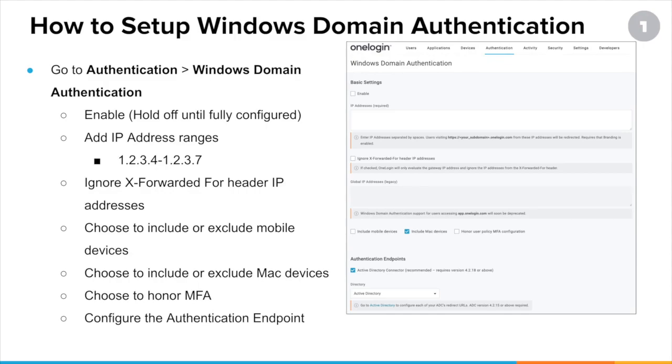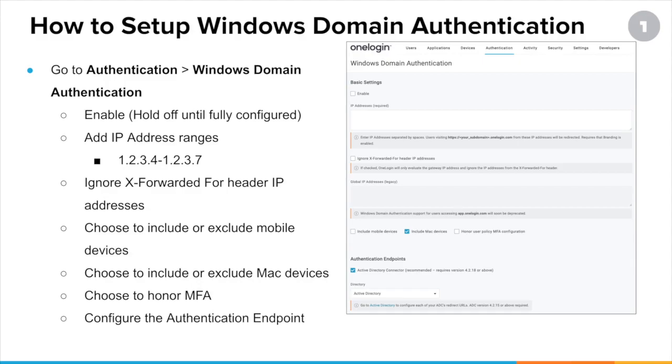So you're going to check off that Active Directory connector checkbox down there underneath authentication endpoints, and then choose one if you have more than one Active Directory connector. Basically, you'd have more than one Active Directory connector if you have more than one Active Directory forest that you're syncing with, usually. So choose one of those through which WDA will actually be processed.